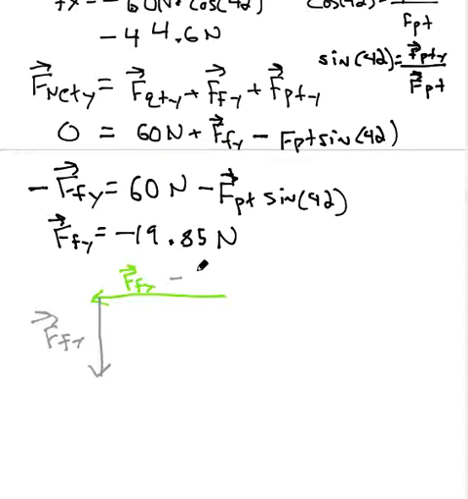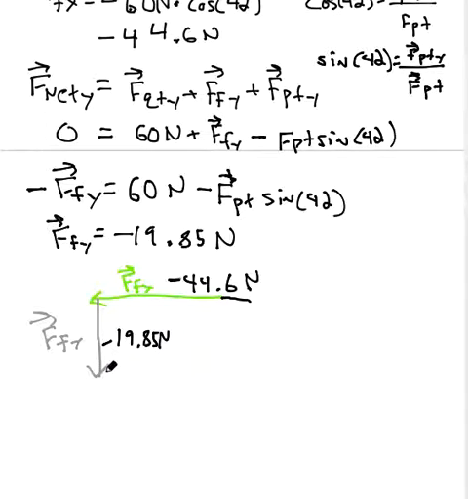So this is negative 44.6, and this is negative 19.85 newtons. And so now we can use our vector addition and we can find this, which is F femur.